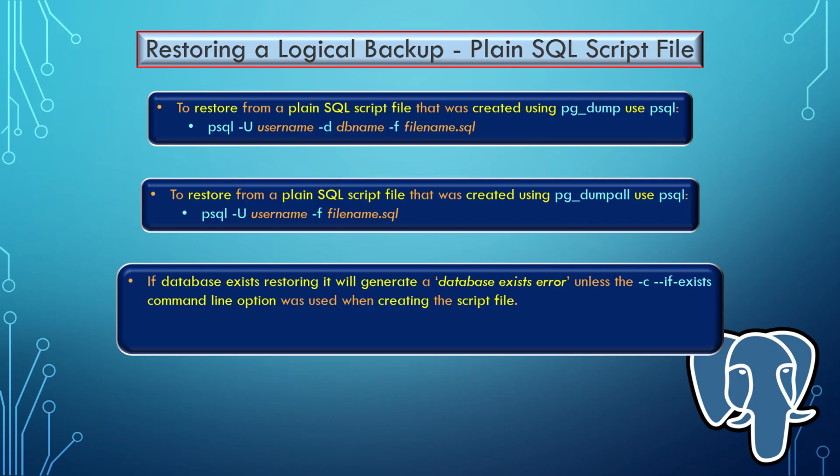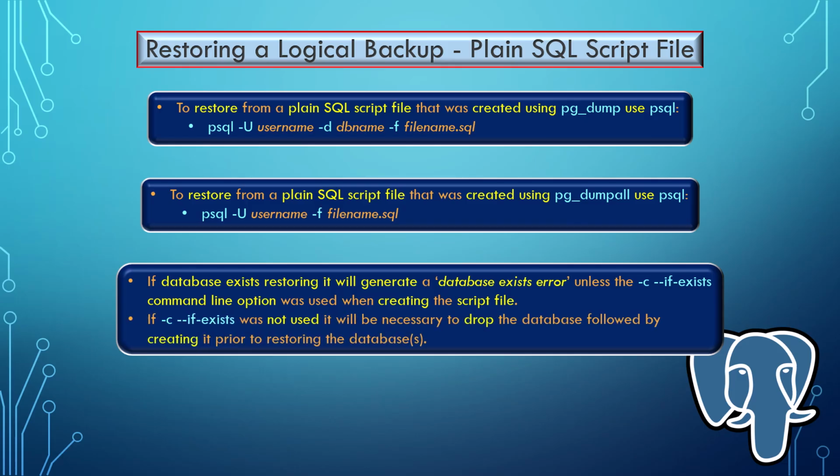Note that if a database exists, restoring it will generate a database exists error unless the -c --if-exists command line option was used when creating the script file. If the -c --if-exists command line option was not used, it will be necessary to drop the database followed by creating it prior to restoring any databases.